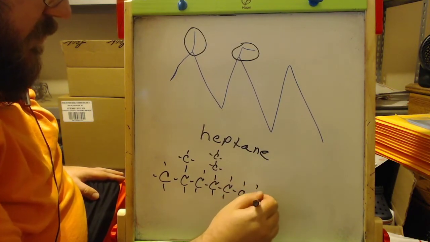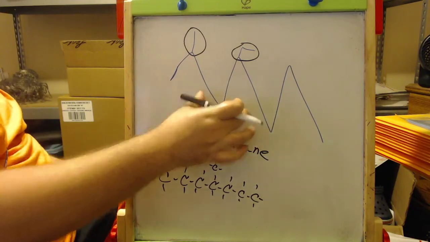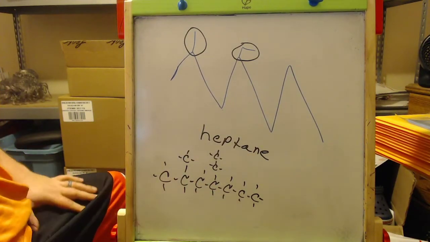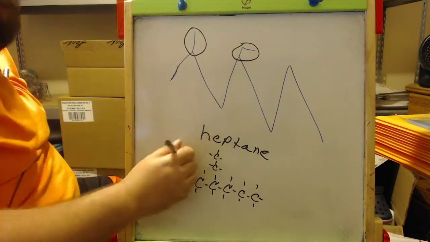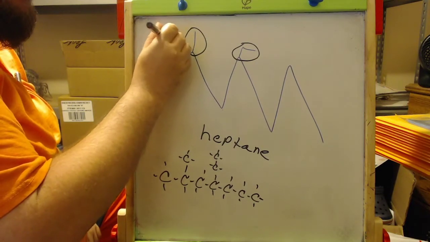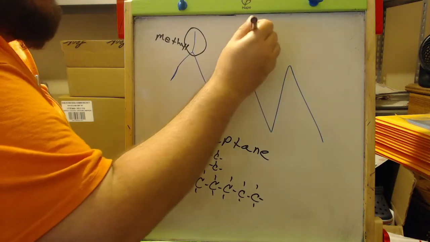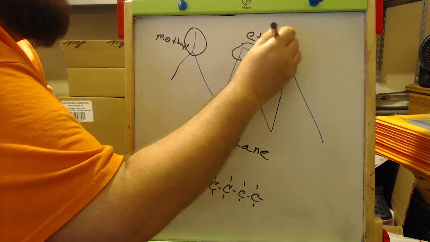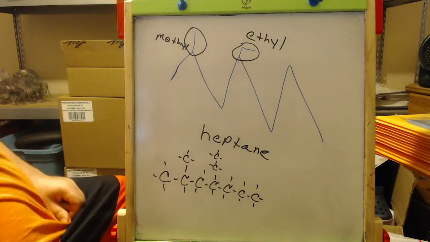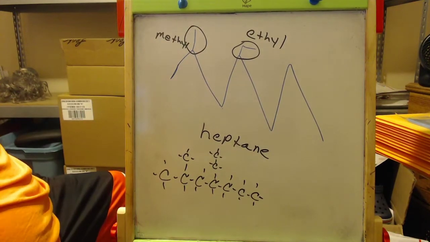This is what this would look like from the skeletal structure to the line structure. I've got 2 groups. One has 1 carbon on it. That's a methyl group there. And over here, this has 2 on it. This is an ethyl group. Okay. A methyl group and an ethyl group.